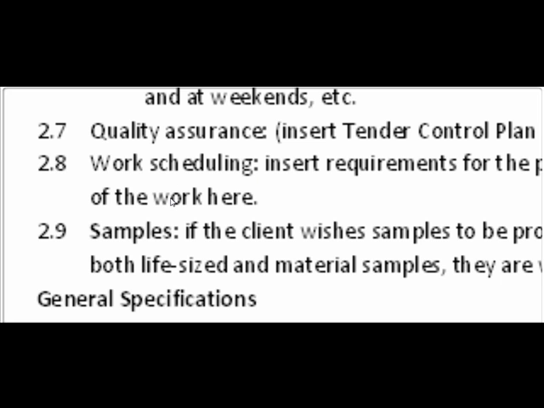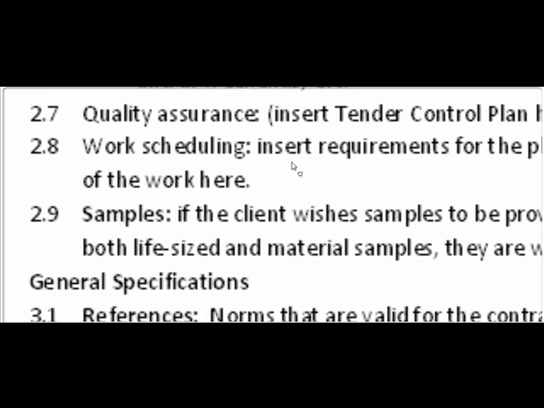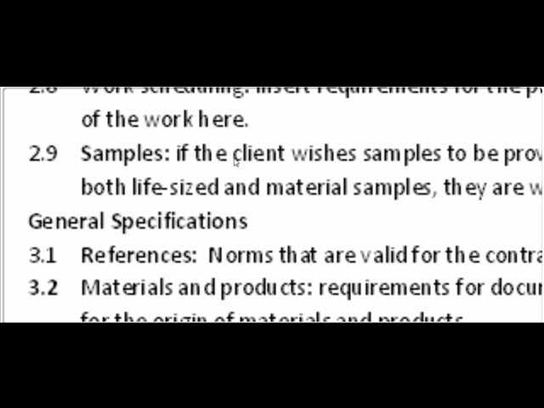If the contractor needs to provide samples, for example, brickwork samples, or he needs to put up a wall at 1-to-1, let's say a 5 square meter wall, and maybe take it down later on after the inspection has looked at it, then he has to be mentioned here. So everything in section 2 all the way up to 2.9 is about the things he has to do on site, in other words, the things he has to price.